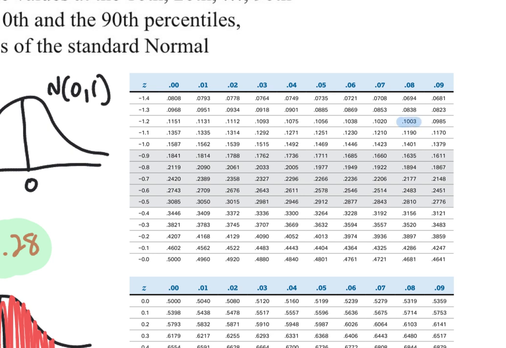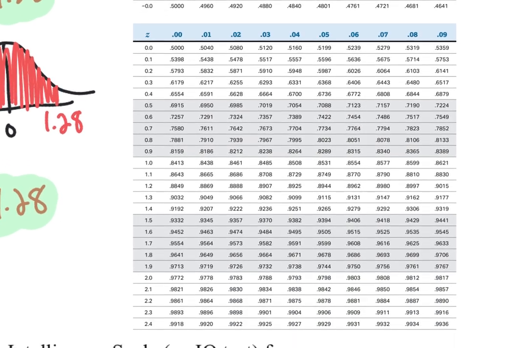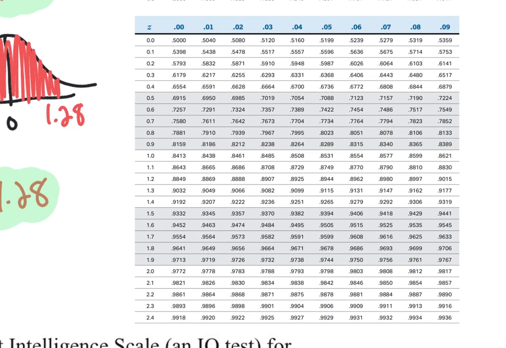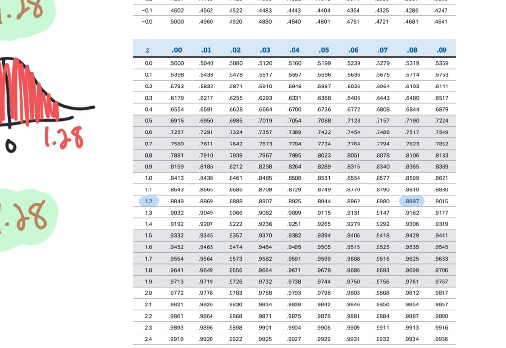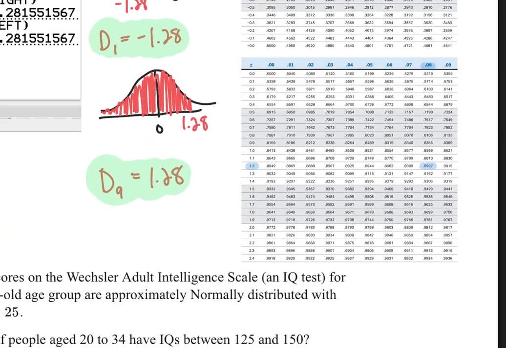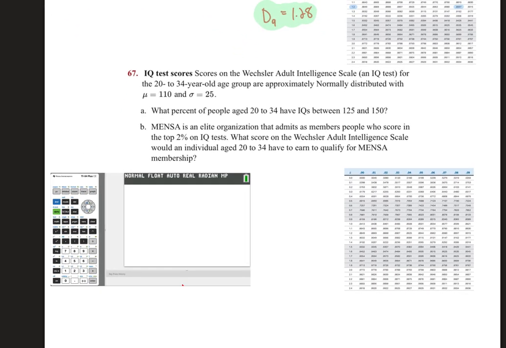Okay, so that's a z-score of negative 1.28, and that's what we got before. And then the 9th decile would be 0.9. Looks like that value is closest to 0.9, and that's 1.28, like we got before. Okay, so either way, just as good.